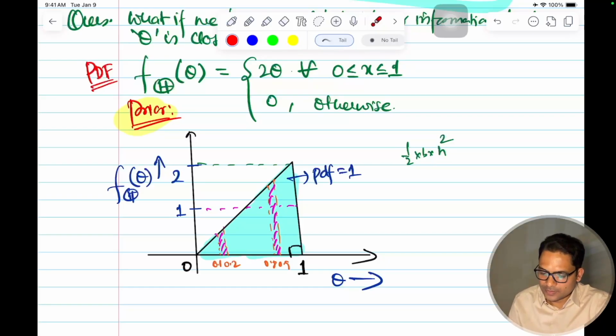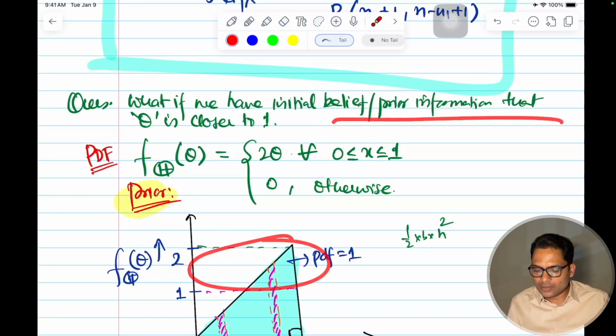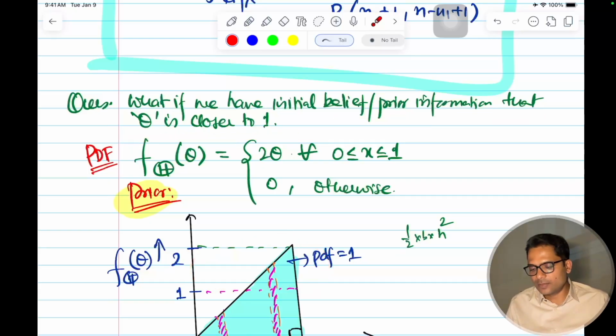As we move towards 1, the probability is increasing, the area under the curve is increasing. So this is the prior belief that we have, that theta is closer to 1, and this is the parameter to define that. Okay, now with this information, let's proceed.